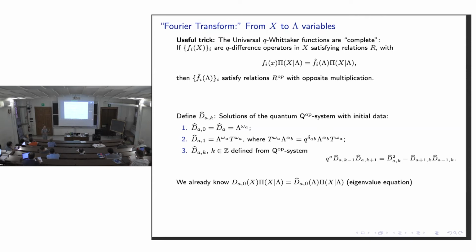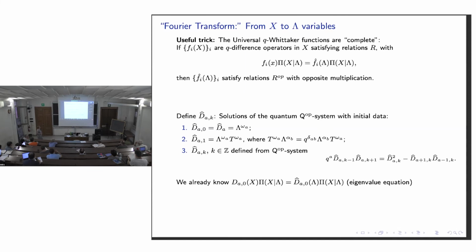The Hamiltonians, or the Peary operators, simplify a great deal in this limit. So I'm going to define D hat a k. So k, remember, is my time variable and a is my flavor, as follows. So the initial data is that the first one is just the Fourier transform of the Macdonald operator, and its eigenvalue we know was lambda to the omega.